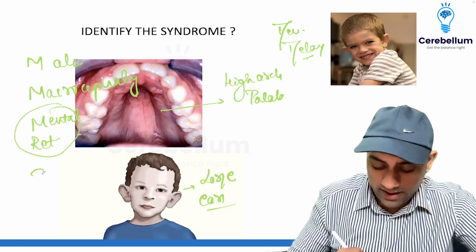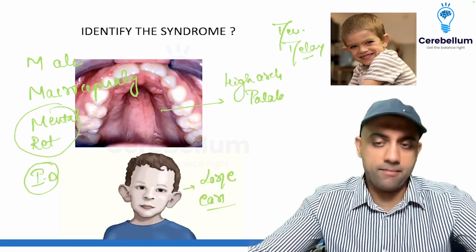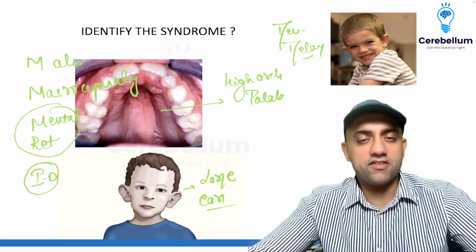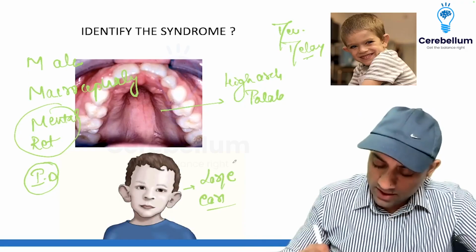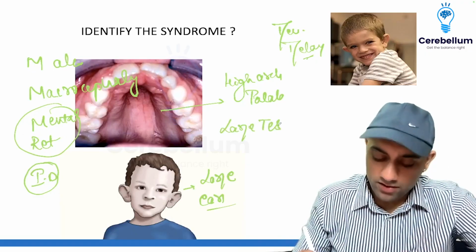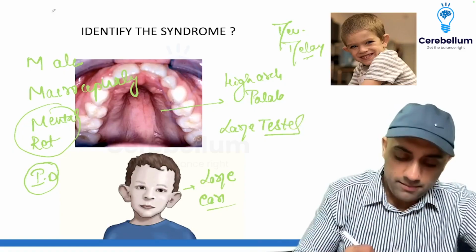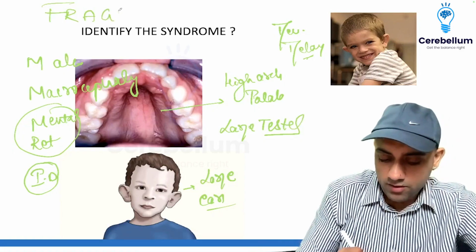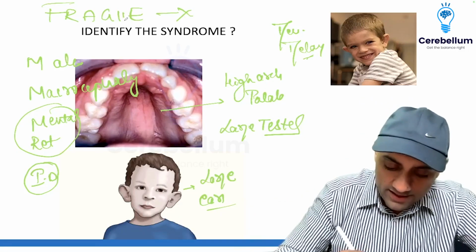Of course, mental retardation is now known as intellectual disability, just to have that mnemonic MMM. So male patient with macrocephaly with mental retardation with large ears, with large testes. Everything is large: head, macrocephaly, large testes, large ears. So what do you think? The best answer for this question is fragile X syndrome.